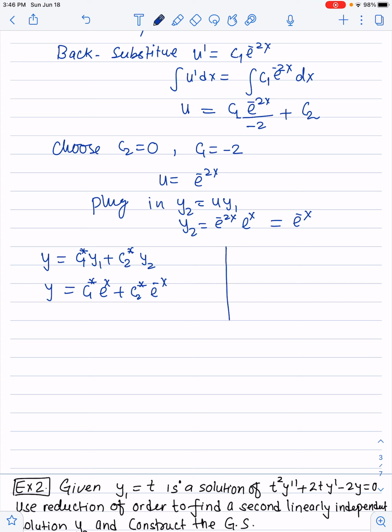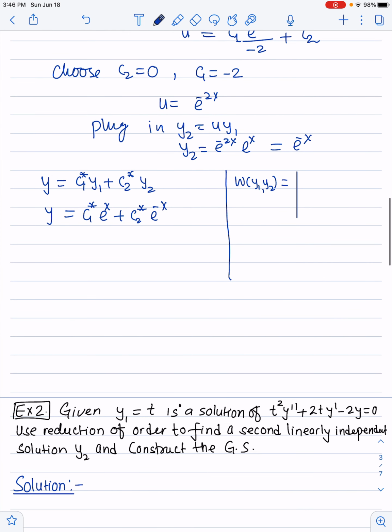So just to check whether the solutions are independent or not, I'm finding the Wronskian W of y1, y2, where y1 is e to the x, y2 is e to the negative x, and the derivatives are e to the x and negative e to the x. I'm finding the determinant of this.